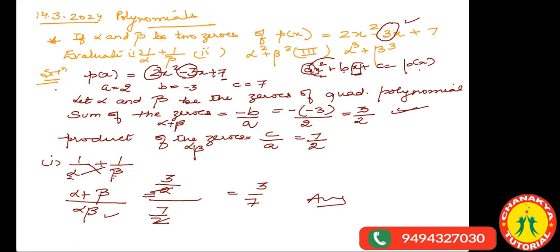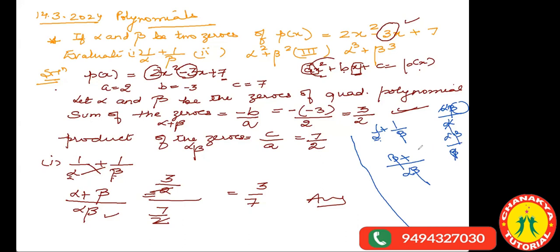I am repeating. See, here in this question you have to find value of 1 upon alpha plus 1 upon beta. You will solve this question by taking LCM. Both denominators are different, so alpha beta will be the LCM. Now divide alpha beta by alpha. Alpha alpha cancel, beta would be there. Plus, now divide alpha beta by beta.